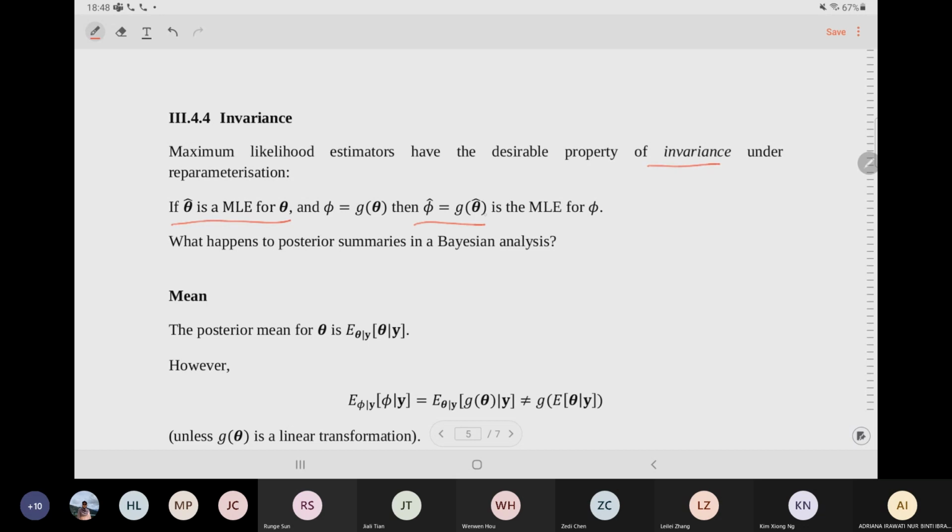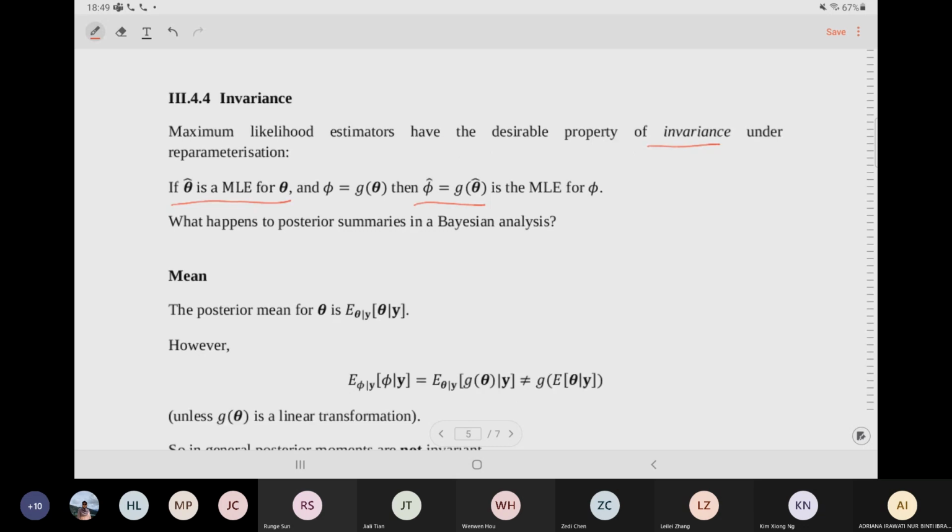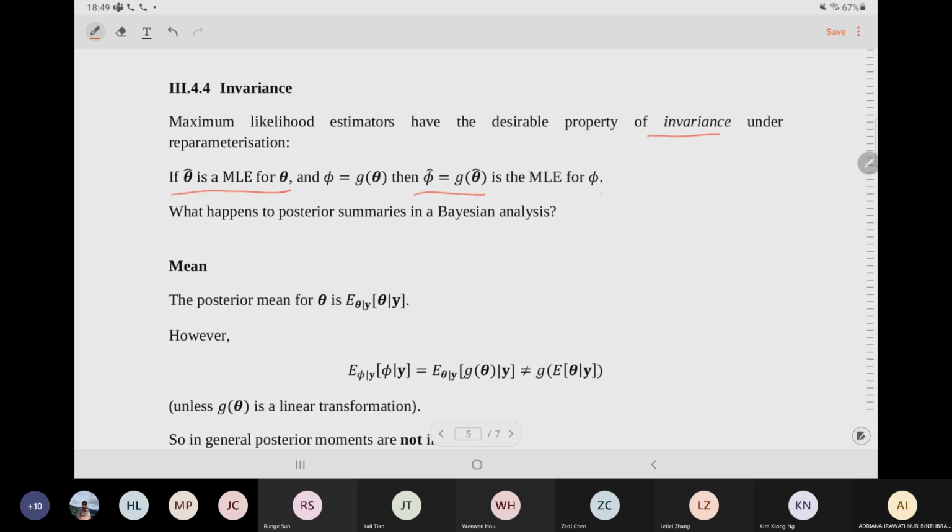This is invariance, because you don't have the Jacobian or whatever. You can just put the function inside and get the answer. But why is the MLE invariant? Because remember, MLE is based on your likelihood, right?